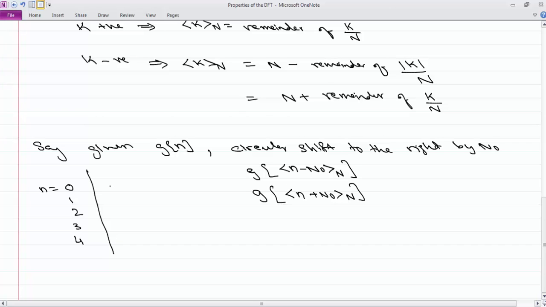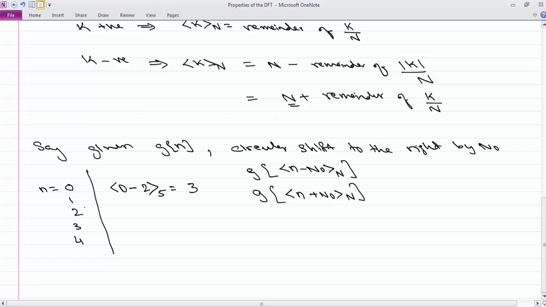For n equal to 0, you are looking at 0 minus 2 mod 5. So that's minus 2 mod 5, and that is going to be equal to 3, because N is 5 and the remainder of minus 2 divided by 5 is minus 2. So that's 5 minus 2, that's 3.